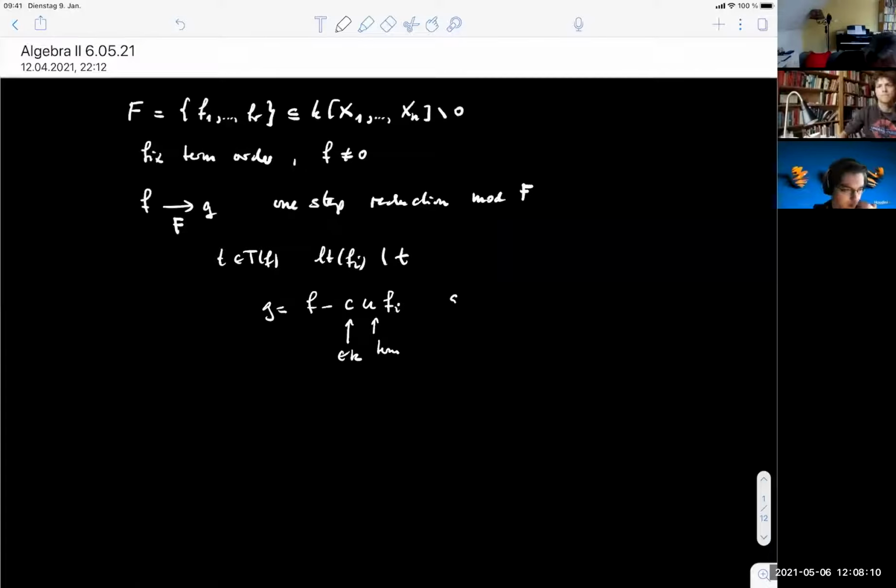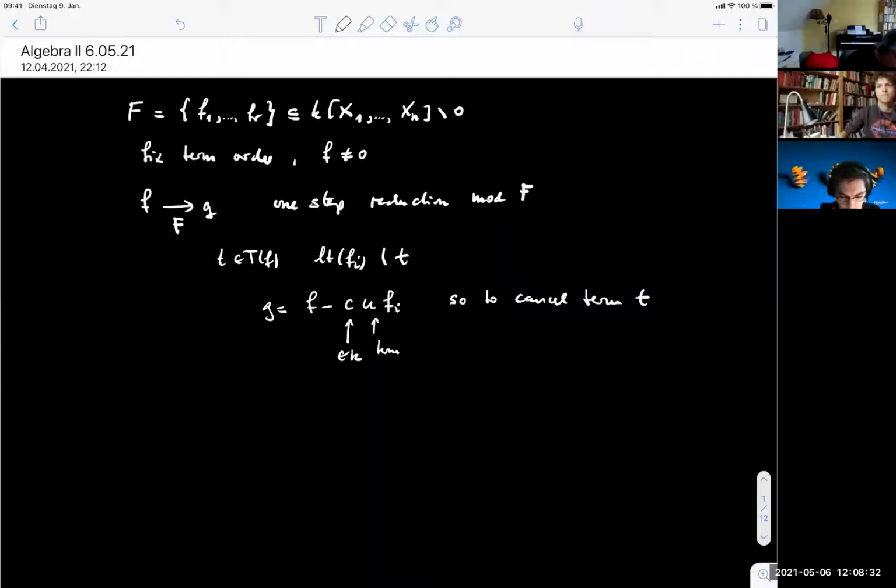So to cancel term t, maybe I don't write everything formally, but that's the idea. There is this term t, which comes in f with a certain coefficient, and I want to kill it. This is what we do. That was the important thing.